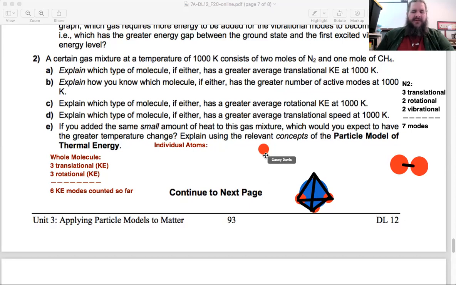It's able to move in how many dimensions though? Yeah, 3. Right. If we treat this hydrogen atom as just moving on its own, it's able to move in 3 dimensions. So we expect each individual atom to have 3 translational kinetic energy modes each.